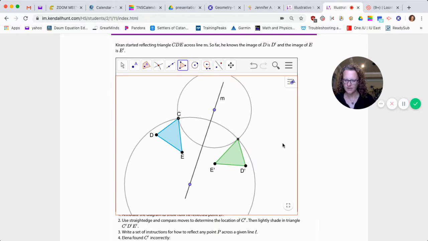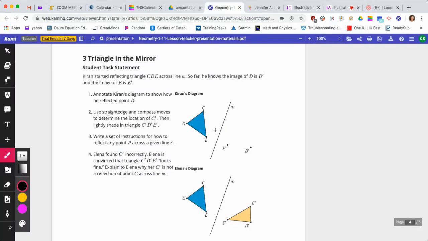Okay? Write a set of instructions for how to reflect any point P across a given line. Okay, another construction, very important.